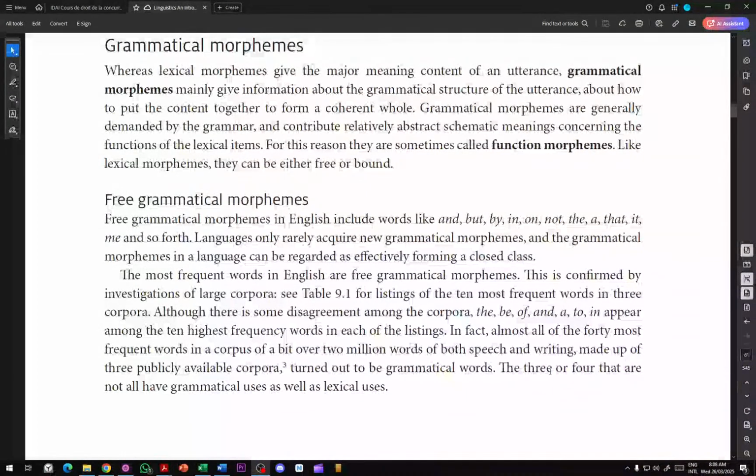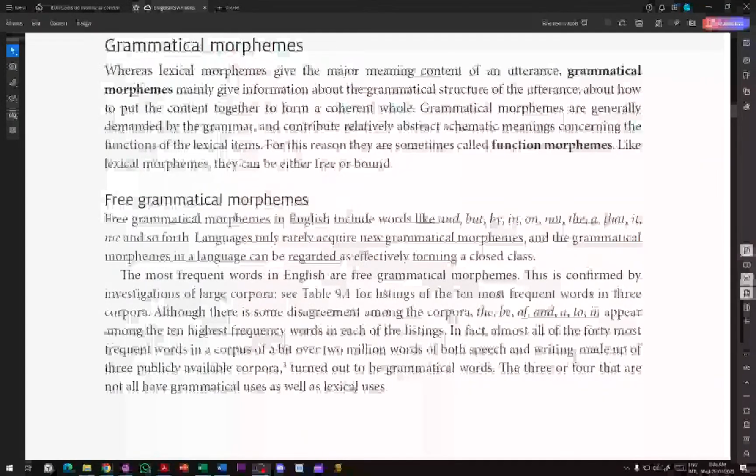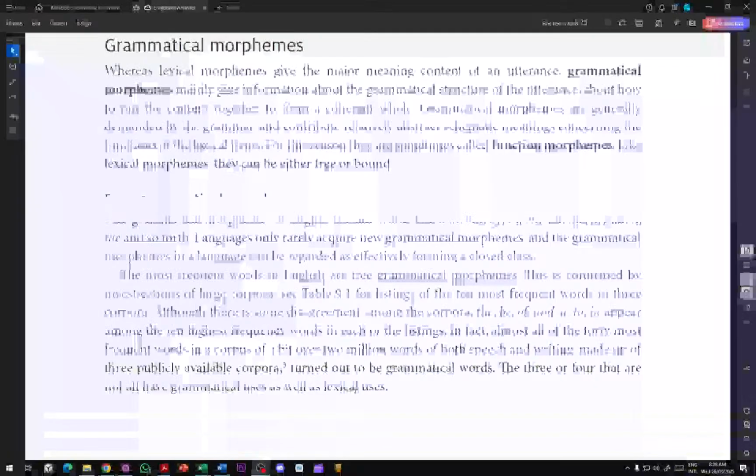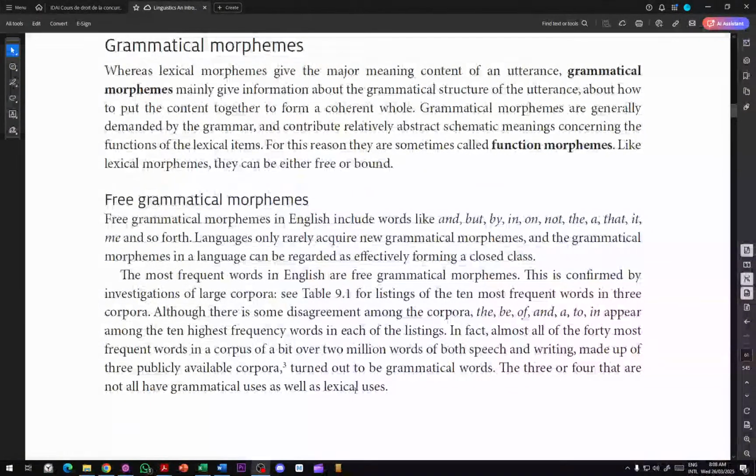The 3 or 4 that are not all have grammatical uses as well as lexical uses, so have both functions.